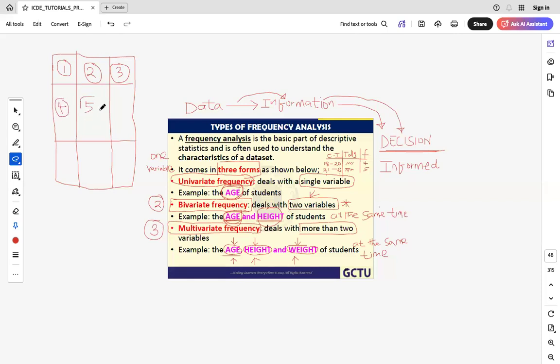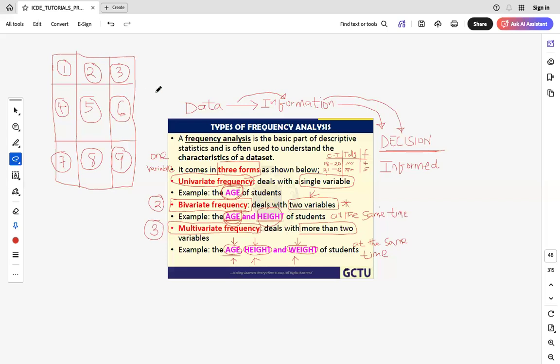Fifth area, different information. The sixth area, also different information. Seventh area, coming with a unique information. Area number 8, unique information. And then area number 9, another unique information. So we are going to observe 9 different areas.